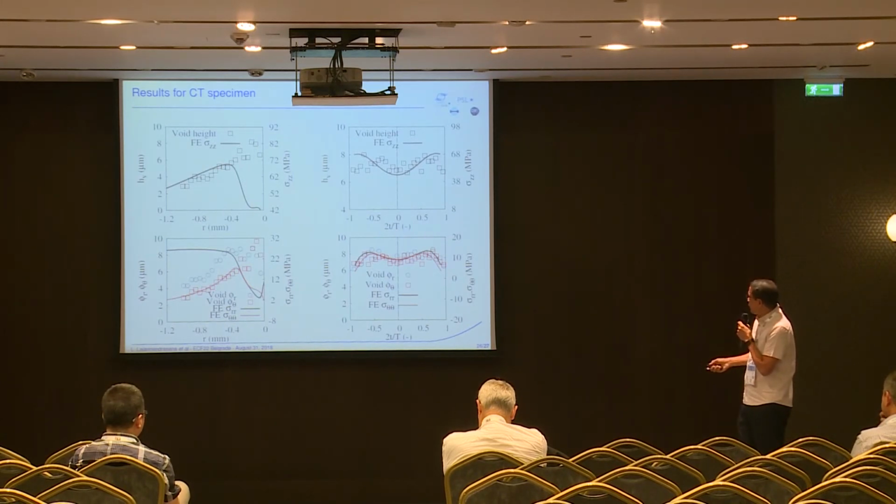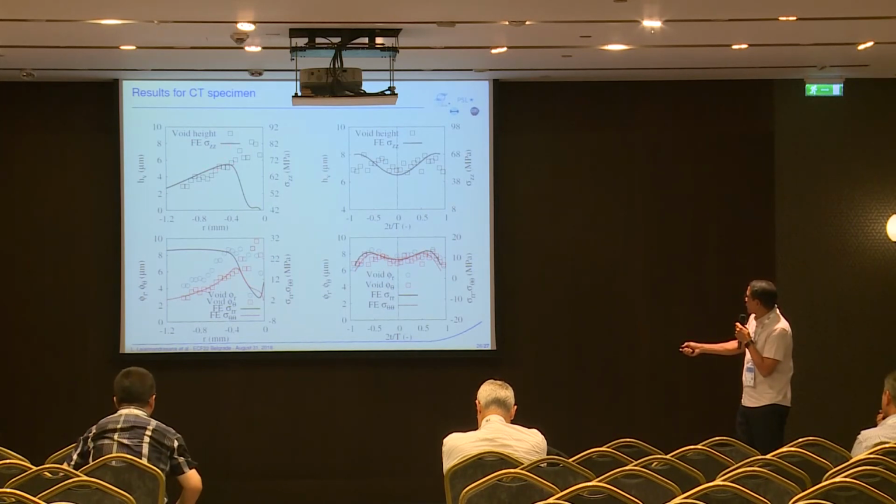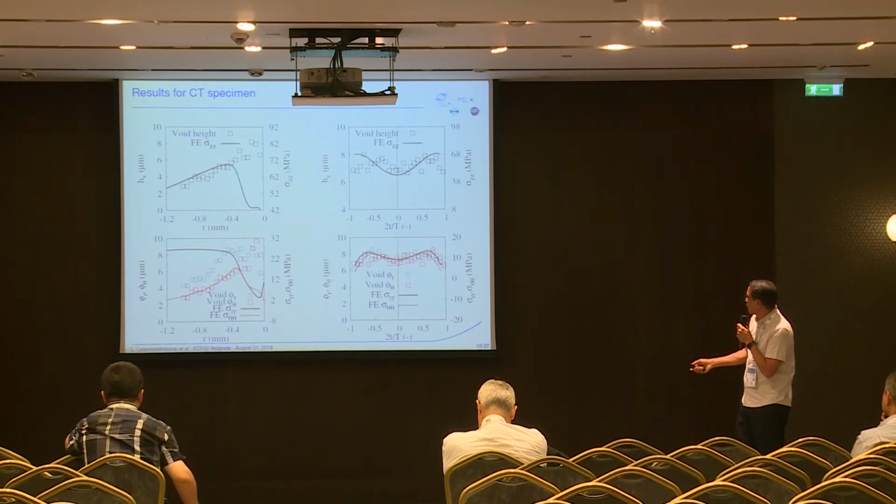And now for the CT specimen, which is interesting, we can see here, for instance, the maximum principal stress, so Rice and Johnson, and it fits well with the similarity here with the void height, and also the void diameter.